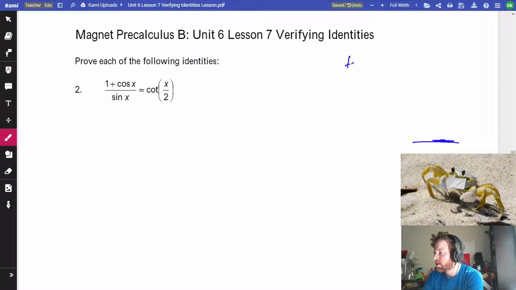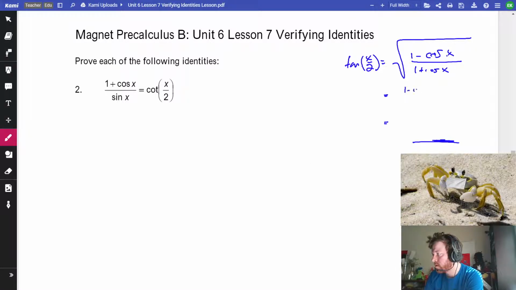I know that tangent x over 2 is equal to the square root of 1 minus cosine x over 1 plus cosine x. But it's also equal to two other things: 1 minus cosine x over sine x, and sine x over 1 plus cosine x.